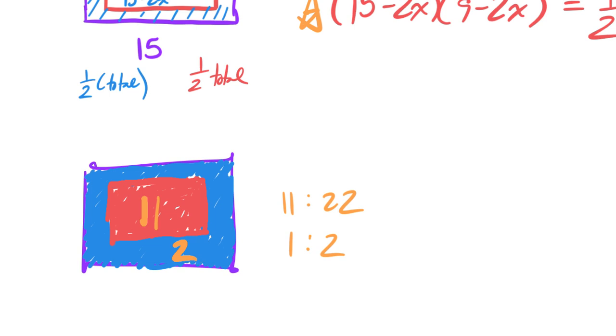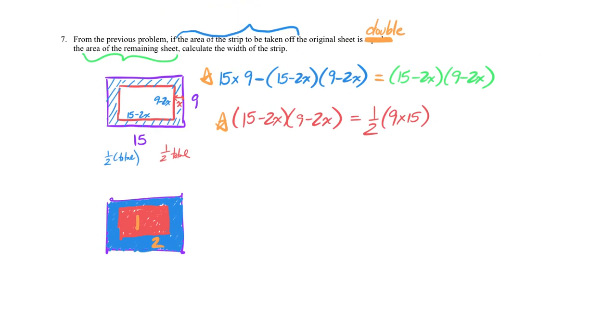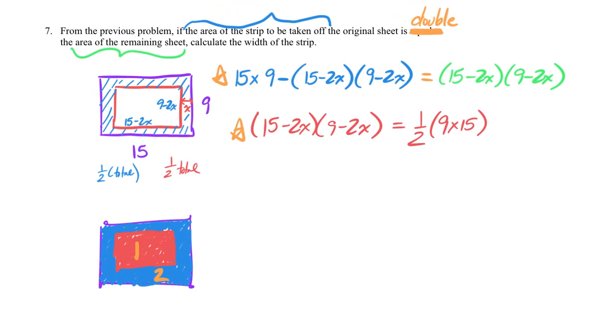So the ratio of those parts will always relate to each other that way. So what does that mean? Well, it means that my red section would have 1 part out of a total of 3.